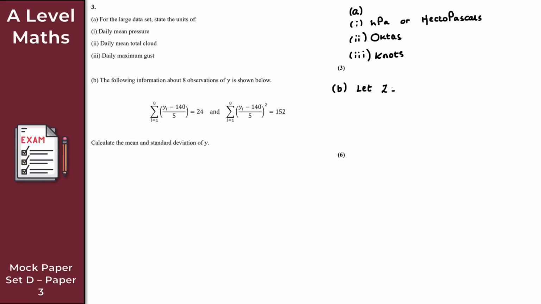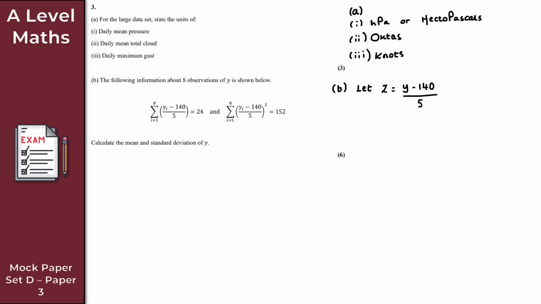So let Z here be equal to, so it's going to be Y minus 140 over 5. I appreciate that it is Y subscript I. Really, I should call this Z subscript I, but I am a little bit lazy. It doesn't really matter too much, but I'll just call it here Z and just Y here. So Z is equal to Y minus 140 over 5, like so. Okay.